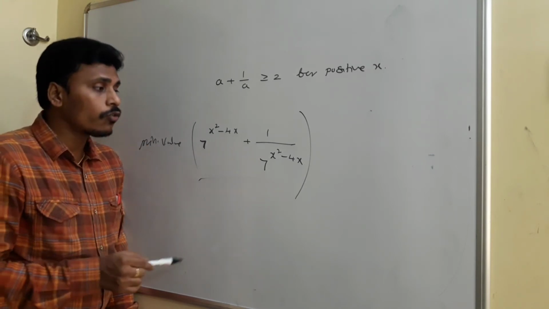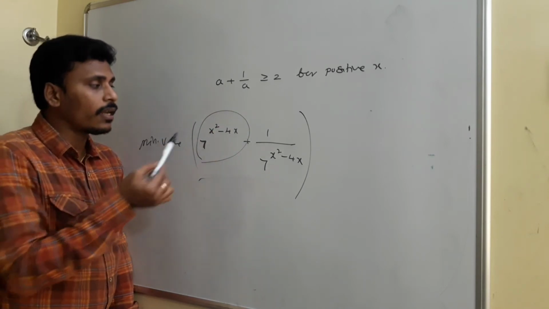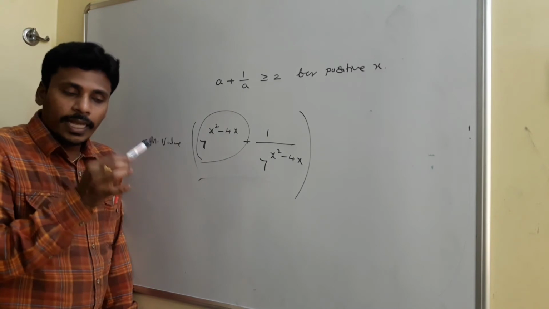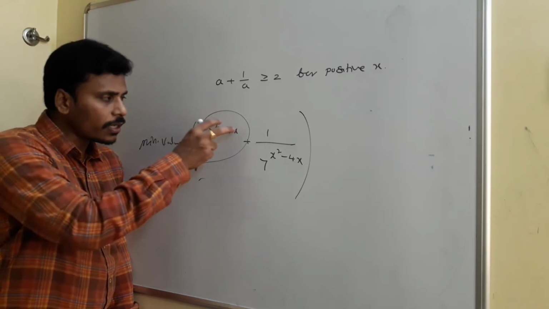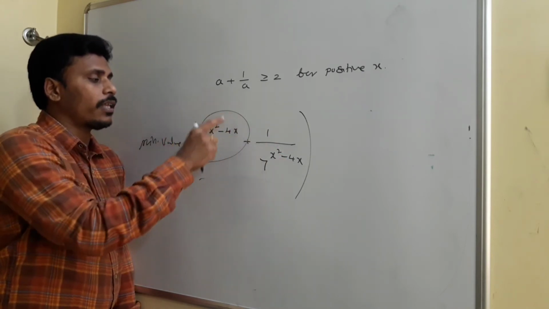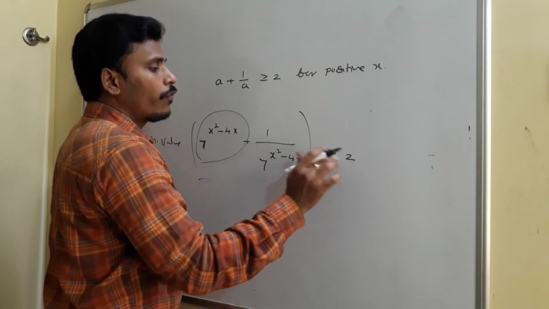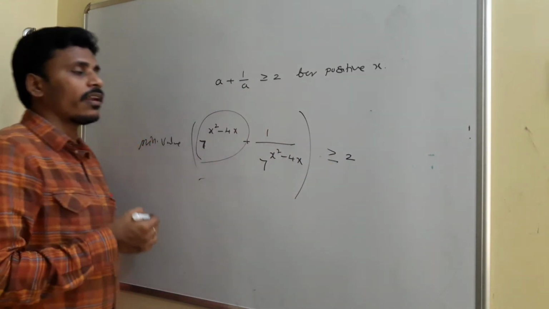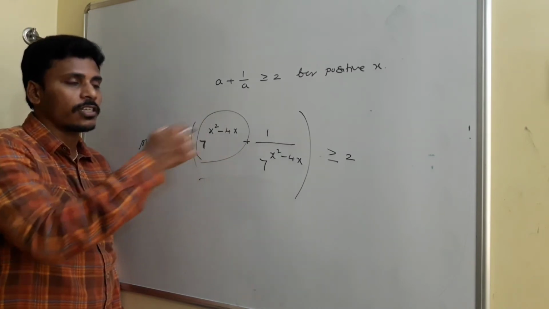Now think about this 7 power x square minus 4x. Clearly it is positive, because a positive number to any power is always positive. This is positive and this is positive. It looks like the format a plus 1 by a. So surely its minimum value is 2. We can utilize a plus 1 by a greater than or equal to 2 again as a formula to identify the minimum values for such problems.